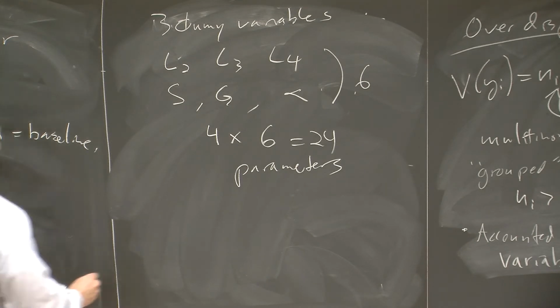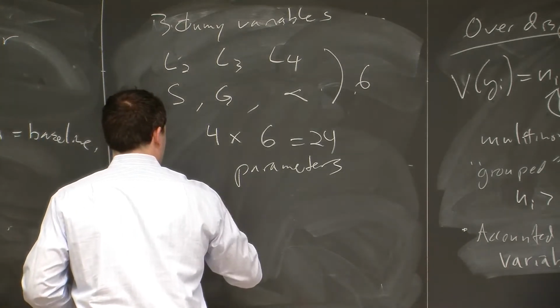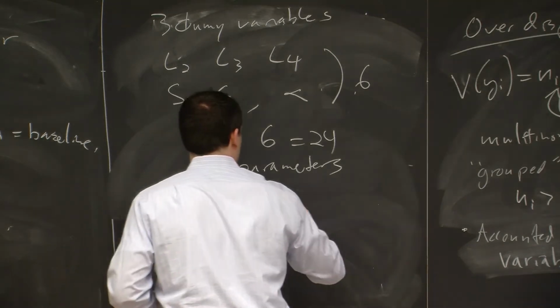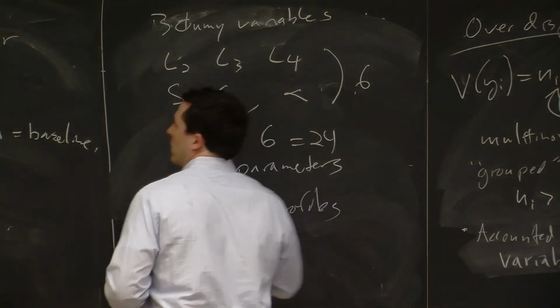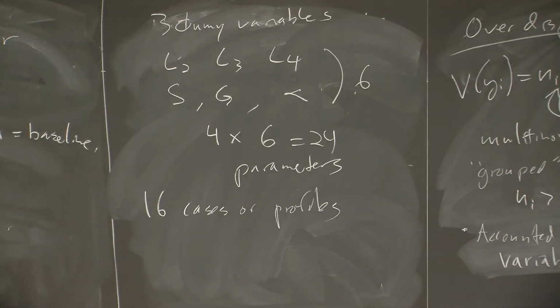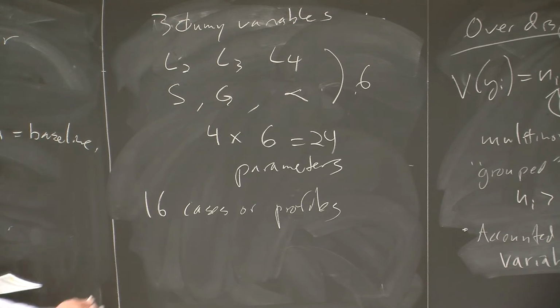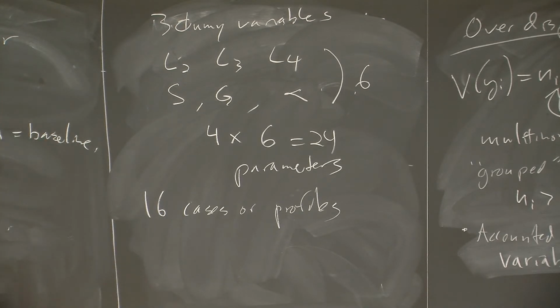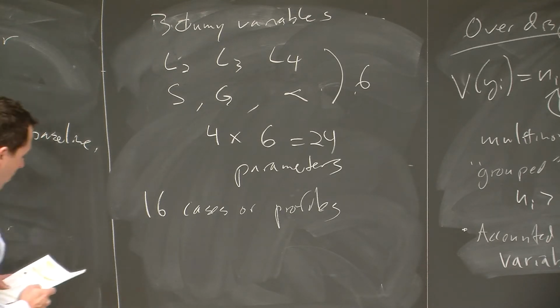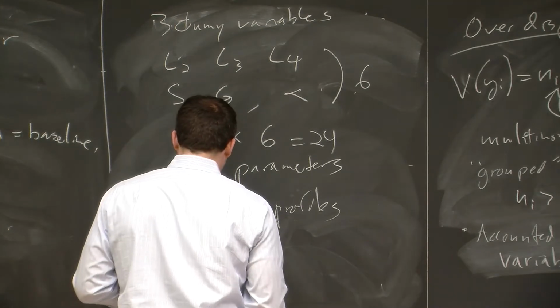And there are 16 cases or profiles, right? 2 times 2 times 4. And we should hope, for some of our tests to work, that the counts in each of these cases are reasonably high. So you can read about how to plug that into your software.